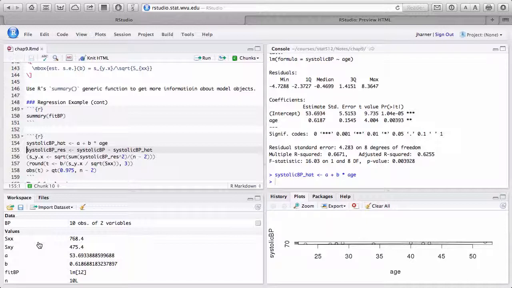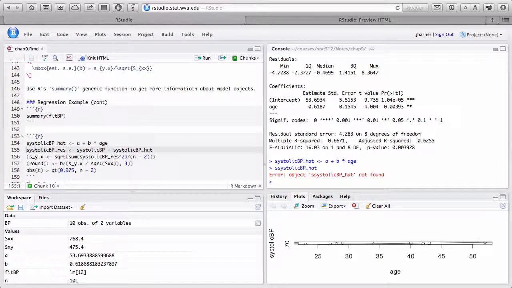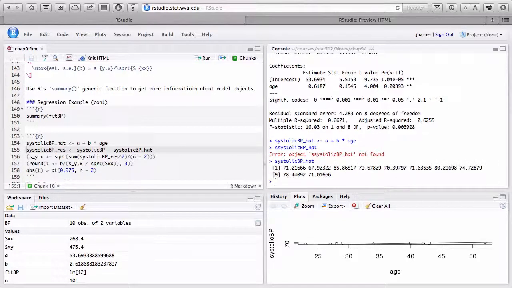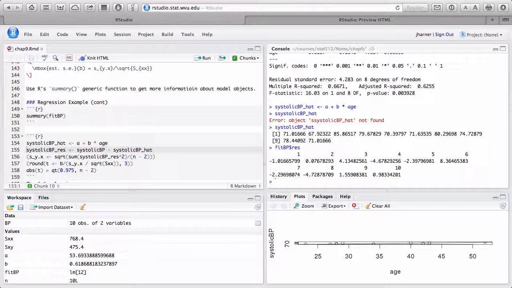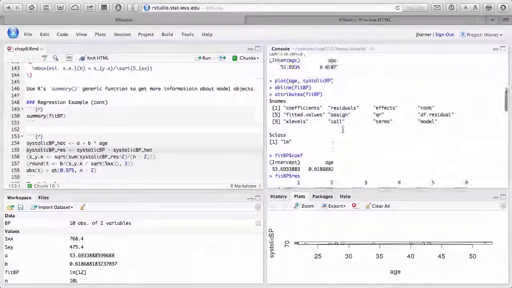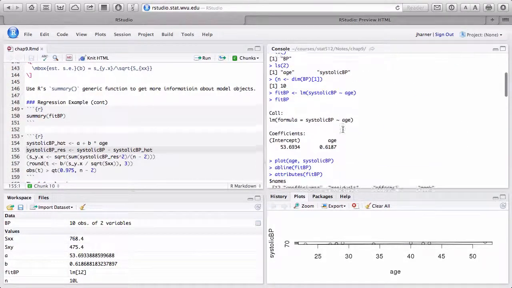that way. I could equally have, so I can get it this way: SYSTOLIC BP underscore hat. What did I do? Did I misspell it? Oh, SYS. Or I could have said fit BP. Oops. I think it's predicted way up here. Where did I do the attributes?